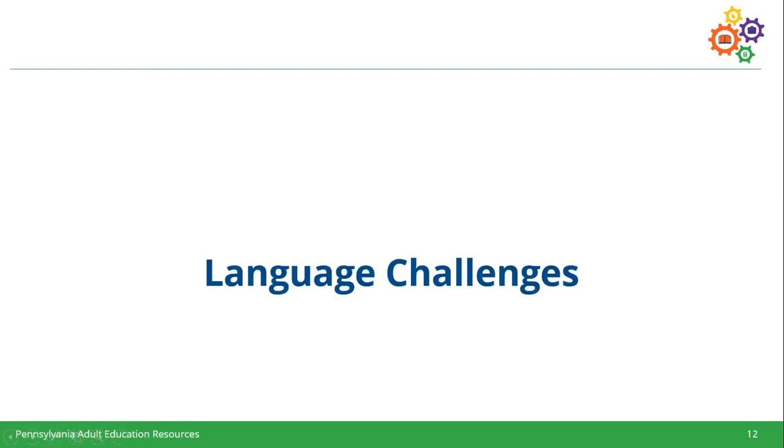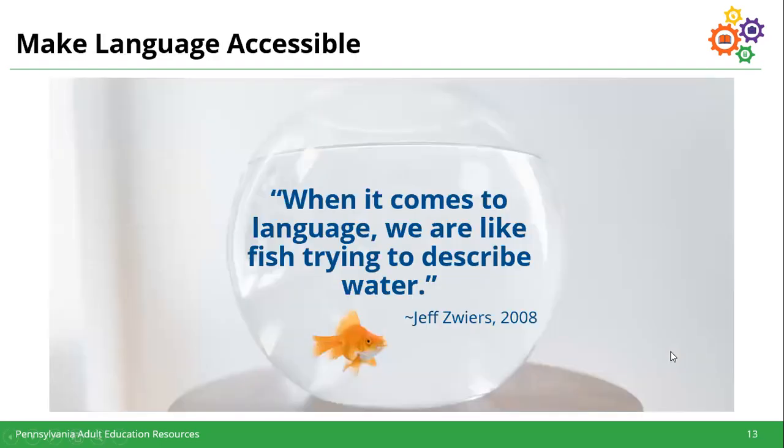Let's discuss some of the challenges with languages that English language learners in a training context might experience. When it comes to language, we are like fish trying to describe water. This quote reminds us that we are so immersed in language that it is often difficult for us to see what we are doing with it.